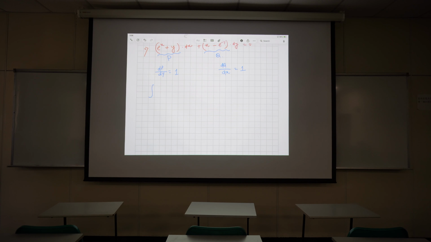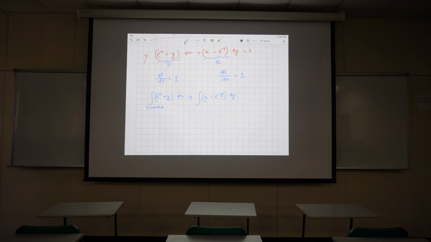That means integrating e to the power x plus y dx, with y as constant, plus the integral of x minus e to the power minus y dy.